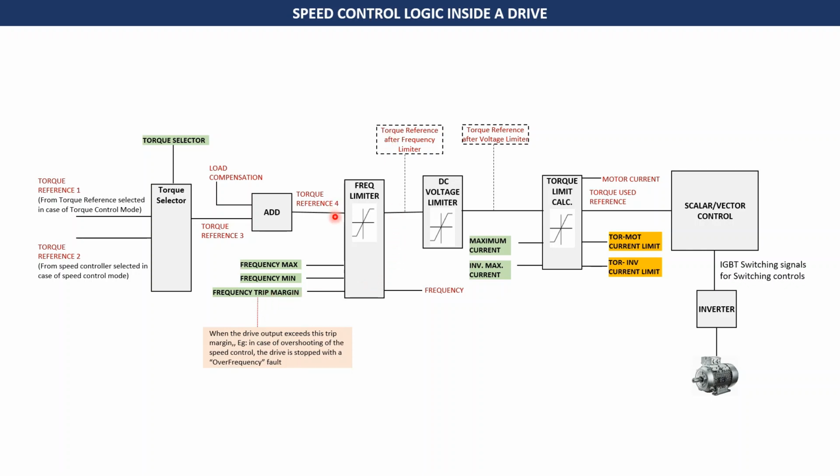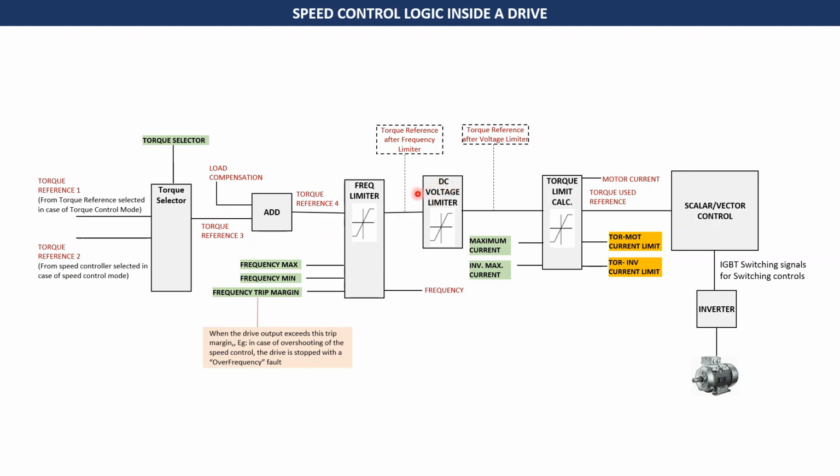So this generates a torque reference after the frequency limiter, making sure that you don't bypass the frequency levels that are set for the drive.